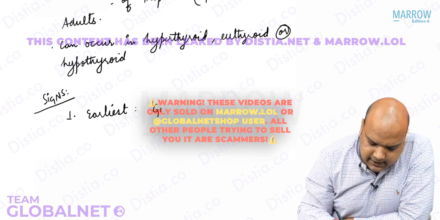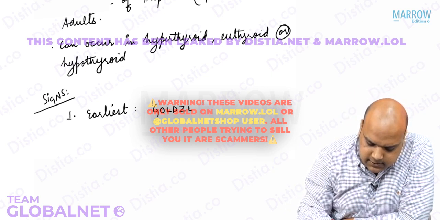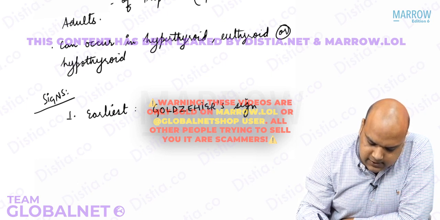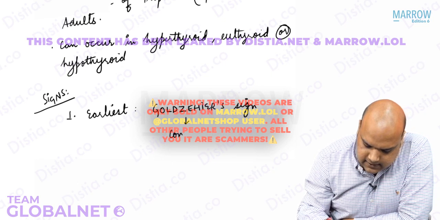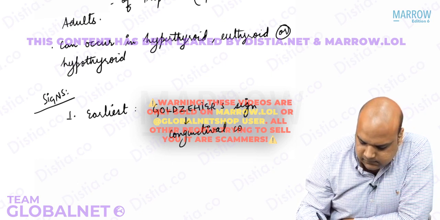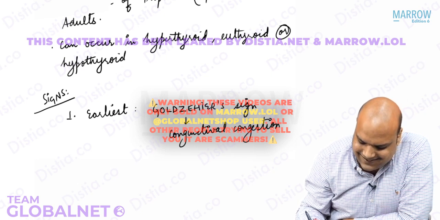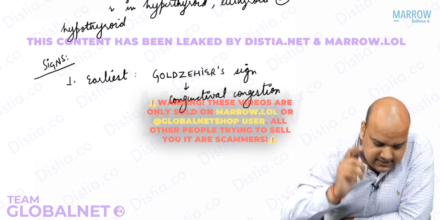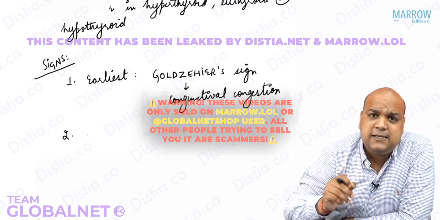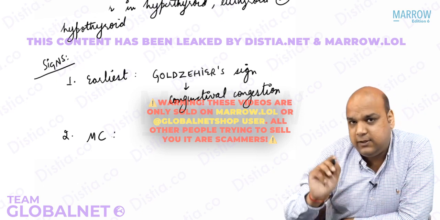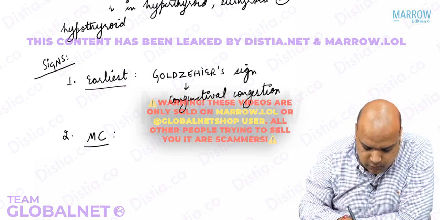The earliest sign is Gifford's sign. Gifford's sign is basically conjunctival congestion, or what I can call redness. That is the earliest sign. Now, if I ask you the most common sign, you understand the difference? Earliest sign, most common sign.